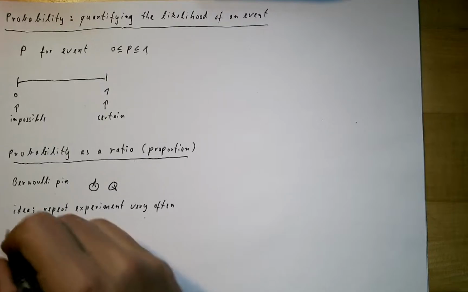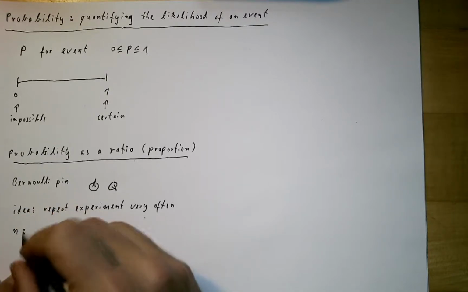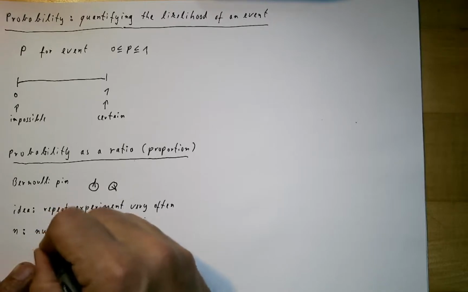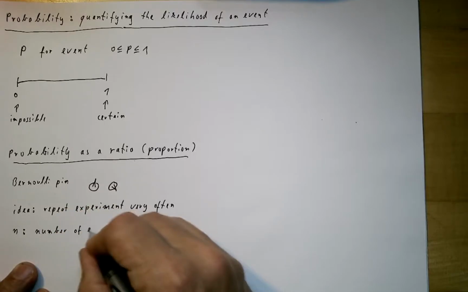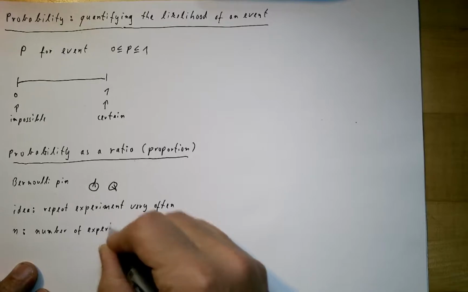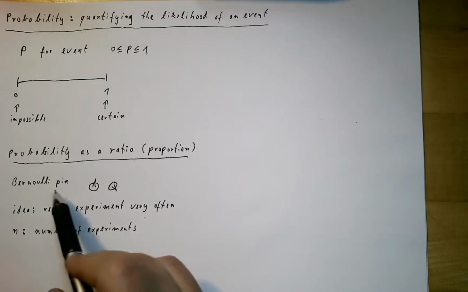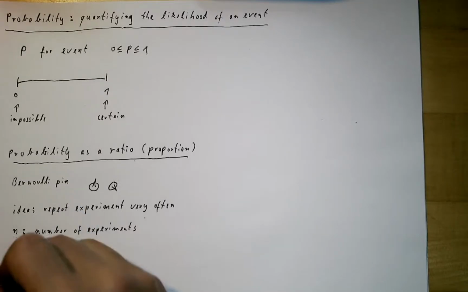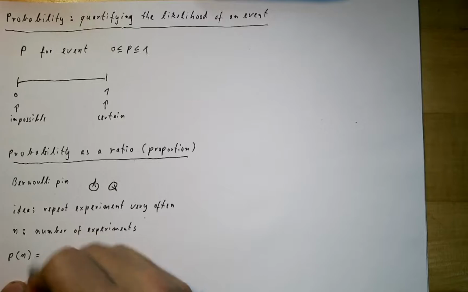Let n be the number of experiments that we have done, or the number of throws of the Bernoulli pin, and then we define a quantity p of n, and this is now a ratio.